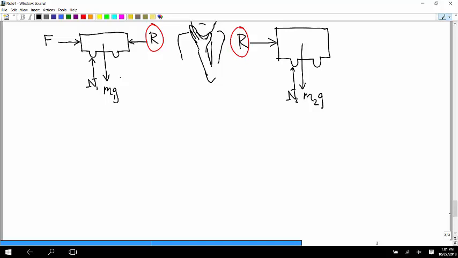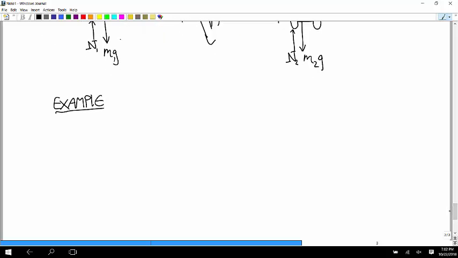Okay, let me do an example problem. It's going to look just like that one. Okay, so let's say this is 10 kilograms.